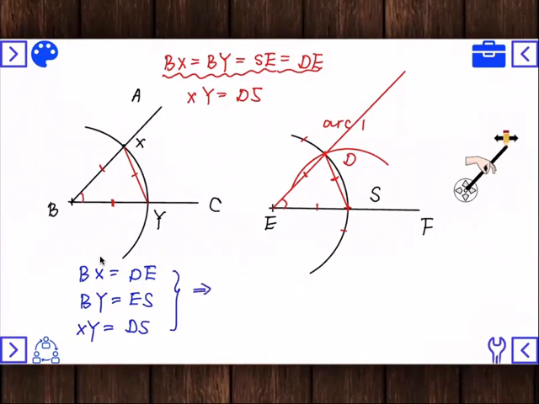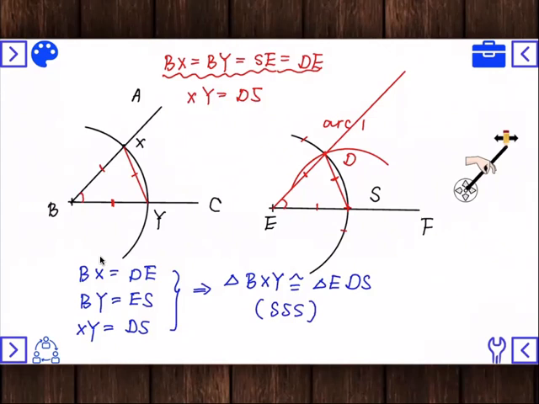With these three pieces of information, we can conclude that the triangle BXY is congruent to the triangle EDS because of SSS.